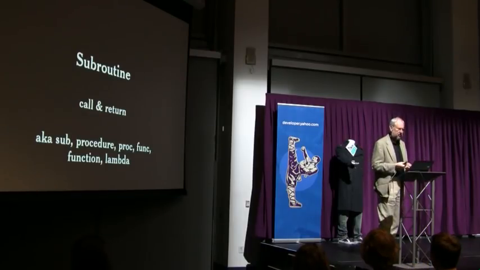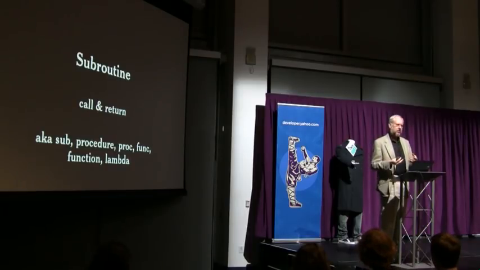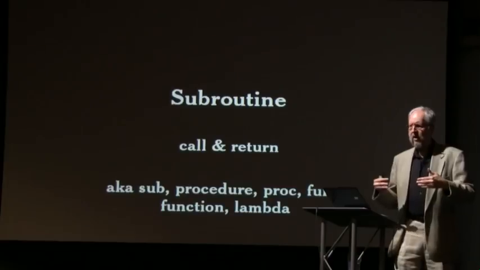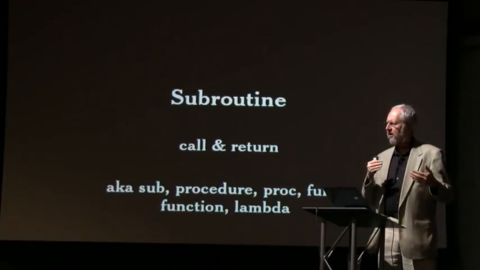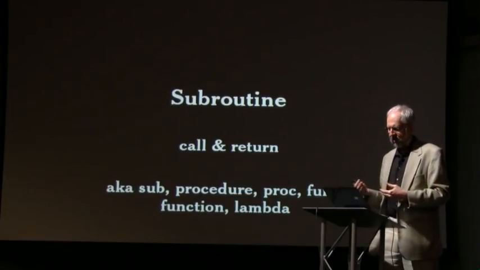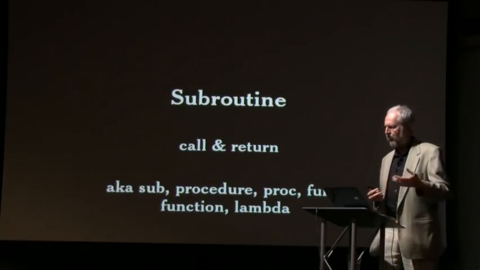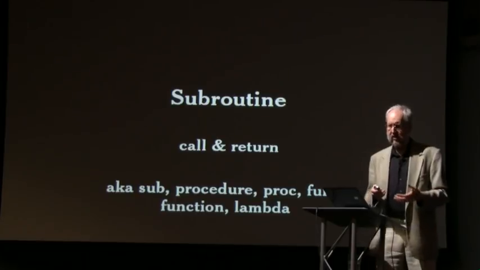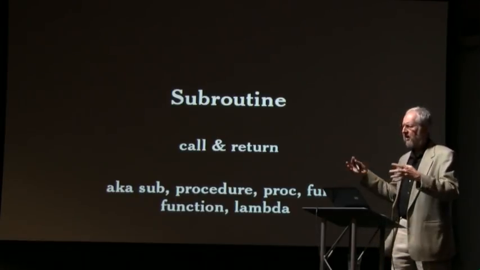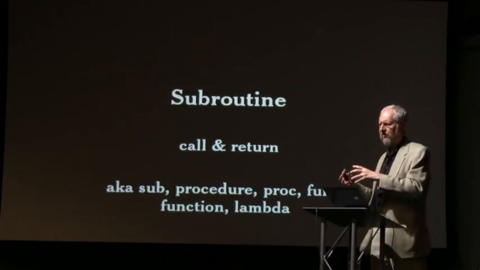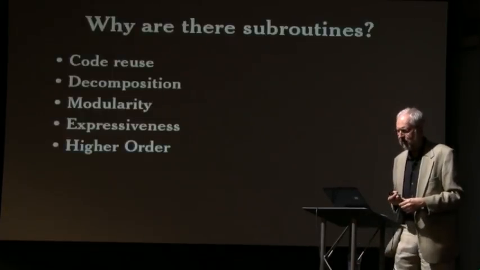And so functions, or subroutines, were born and introduced the idea of call and return, where we call the thing, and when it's finished, it comes back, and we resume from where we were. And that idea has been in virtually every language since then. In different languages, they've been called subs, procedures, procs, funcs, functions, lambdas, but it's all the same idea of taking some specification of computation, packaging it so that it can be reused conveniently.